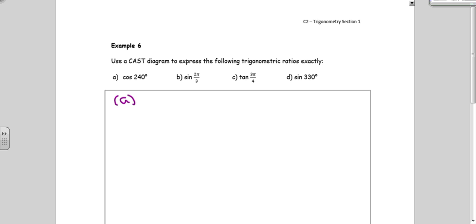So I want to draw the CAST diagram. So C, A, S, T. And I'm going to go around 240 degrees. Okay.